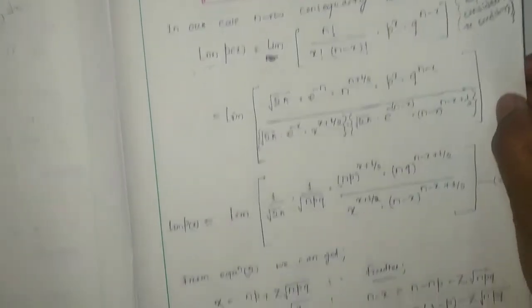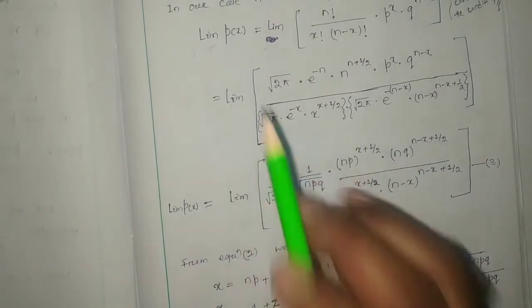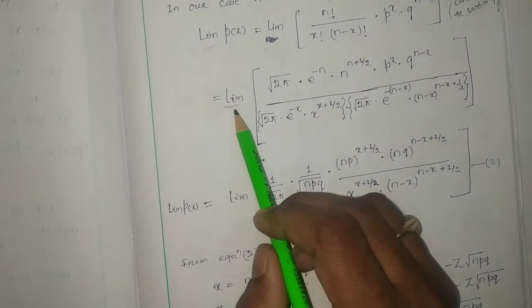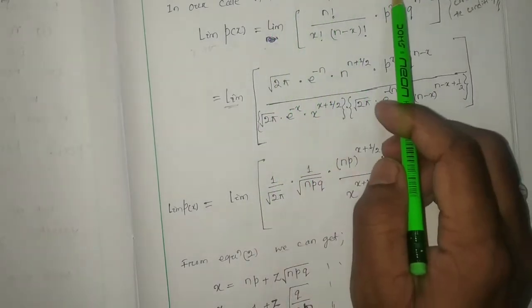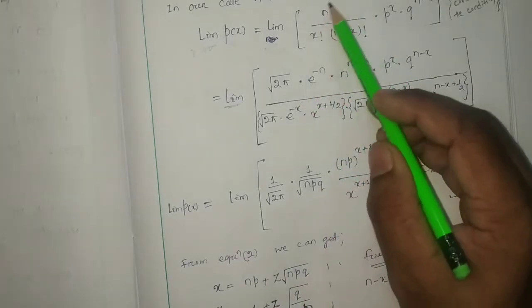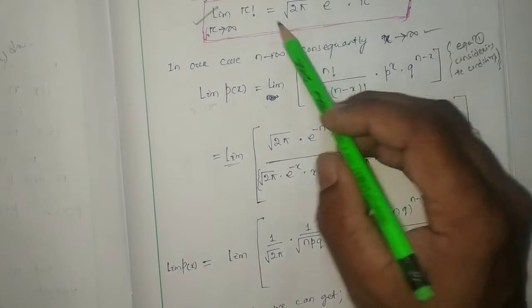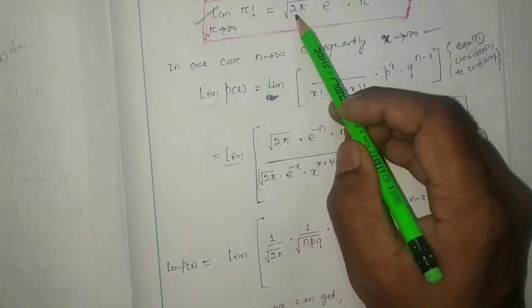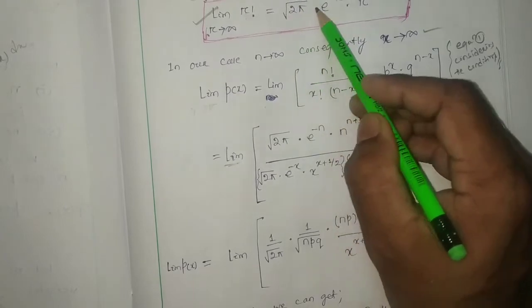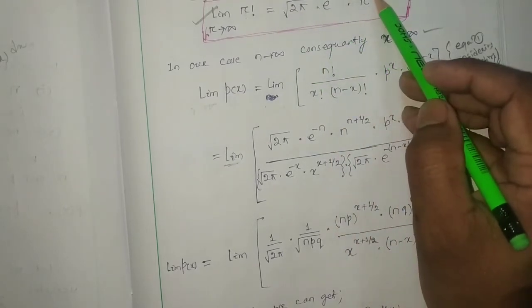Here the limit means n tends to infinity as well as x tends to infinity. Since n is very large, according to Stirling's approximation, r factorial is root over 2 pi, e to the power minus r, into r to the power r plus 1 by 2.